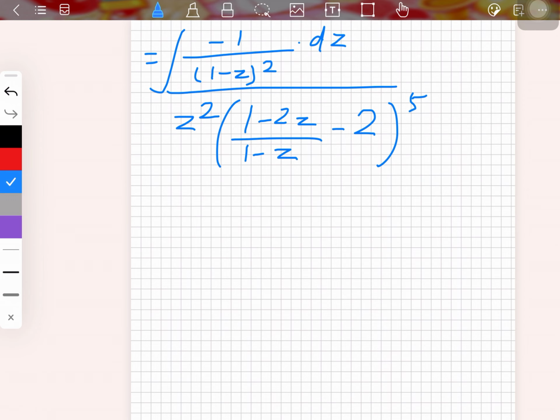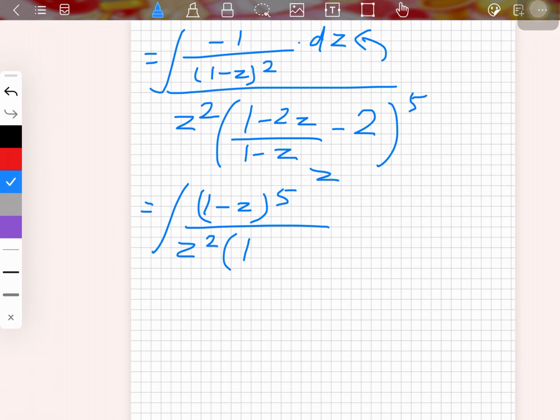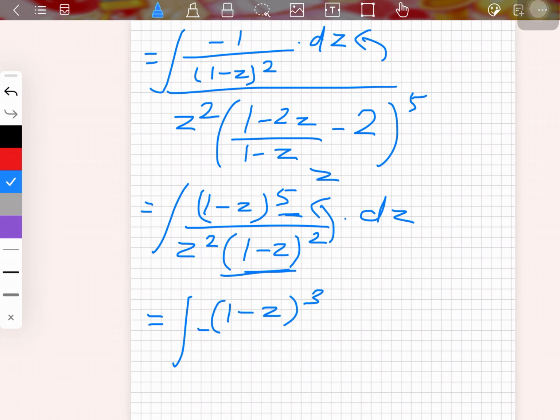So now if you are to take LCM, if you are to send the terms over here upwards, then what you will find is (1 minus z) to the power 5 over z square by (1 minus z) whole square dz. So now this and this are similar, so power can move upwards. What you will get is (1 minus z) to the power whole cube by z square dz.